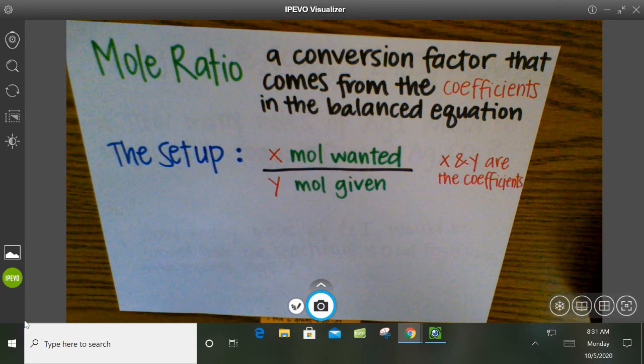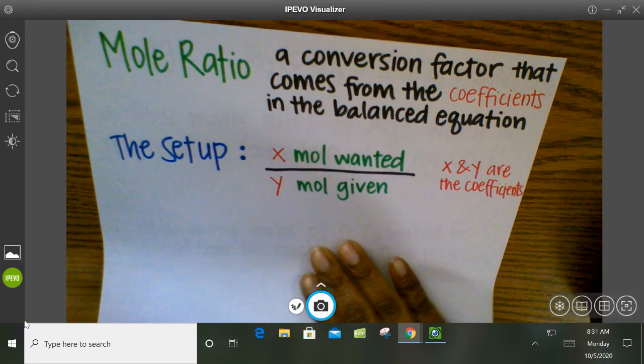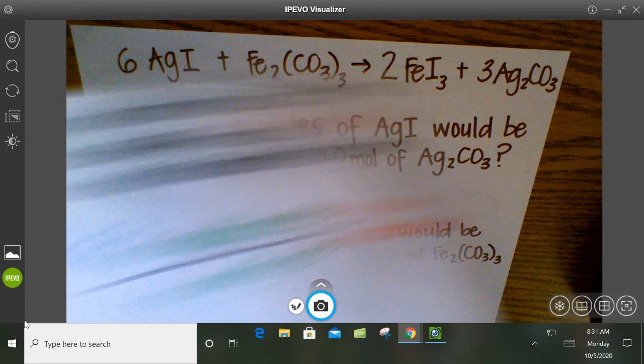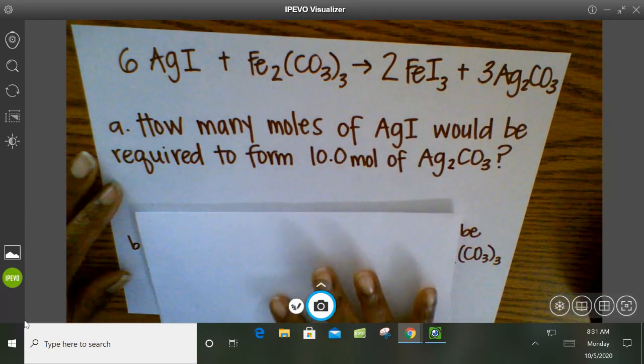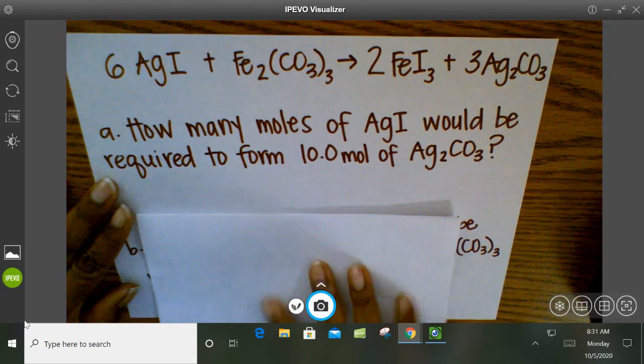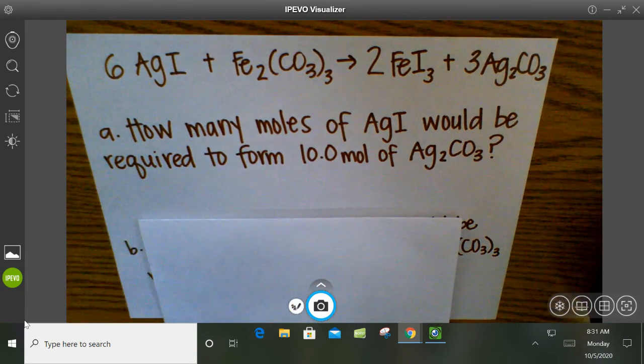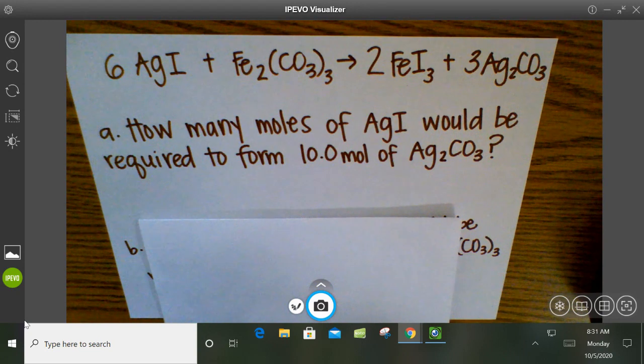Like anything else, we're going to do some practice problems. I have two practice problems here. I'm going to use that equation that we already balanced. The first thing I want to do is read the problem, identify my given and my wanted, and then set the problem up correctly. It says, how many moles of silver iodide would be required to form 10 moles of silver carbonate?